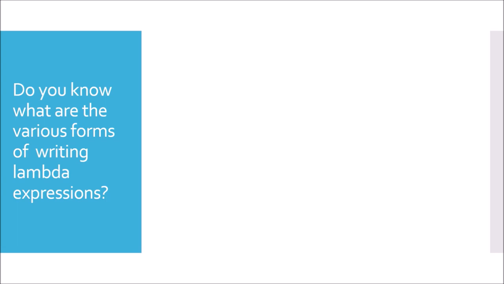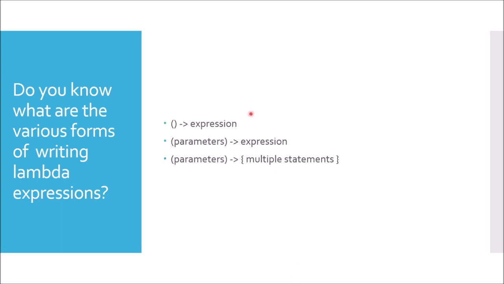Moving to the next question. Do you know what the various forms of writing a lambda expression are? Again, this is a beginner level question to understand whether the candidate is acquainted with writing lambda expressions, or at least knows how to write them. So basically there are three ways. The first way, if you don't have any parameters, you can use empty parentheses and then provide the expression.